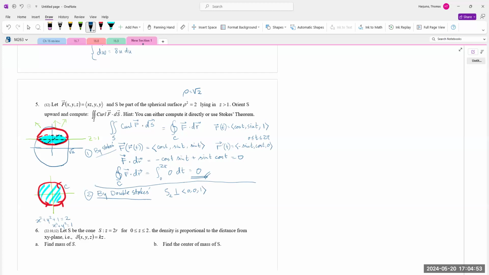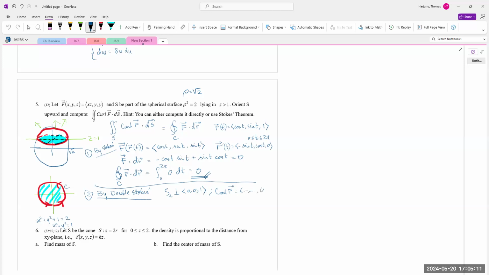Notice that the nice thing about this, even if I want to do the curl of F, I just need to worry about the z component, which is 0.